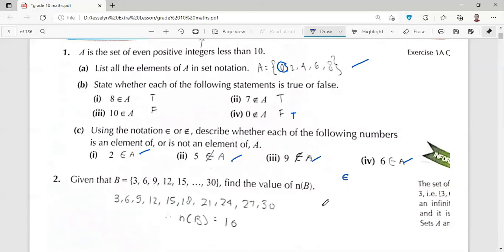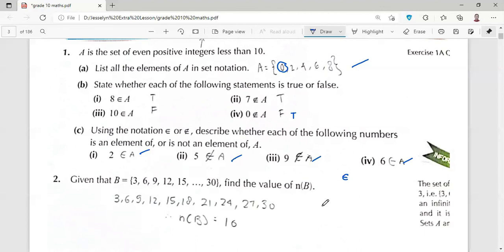Okay, let's take number 2. Given that the set B consists of 6, 9, 12, 15 until 30, find the number of elements in the set B. So you look at the trend, the pattern.